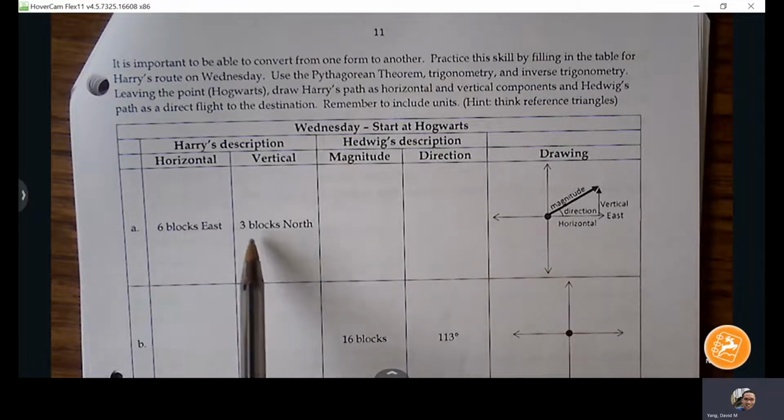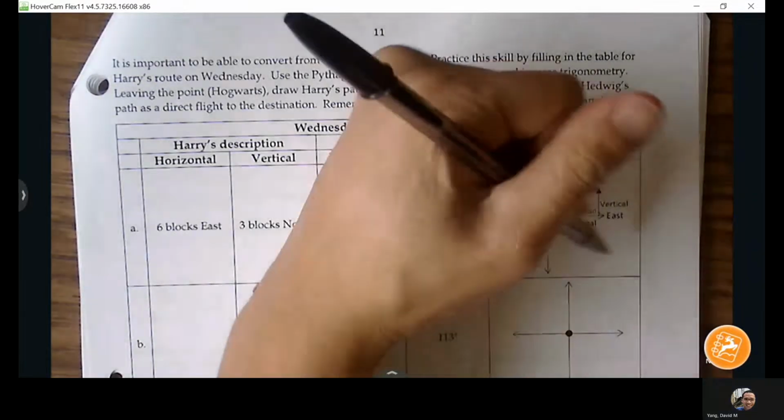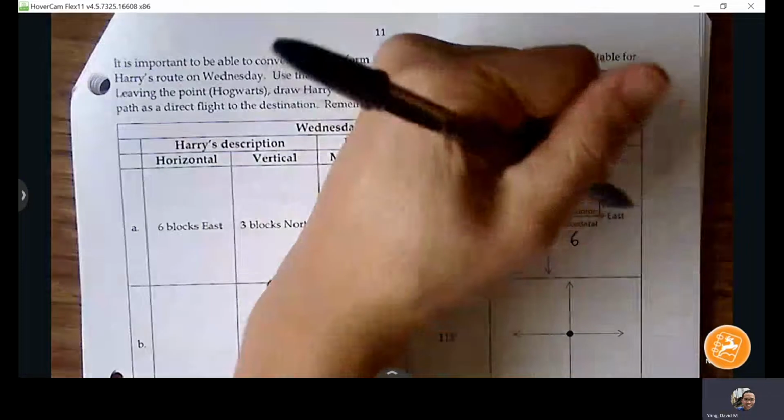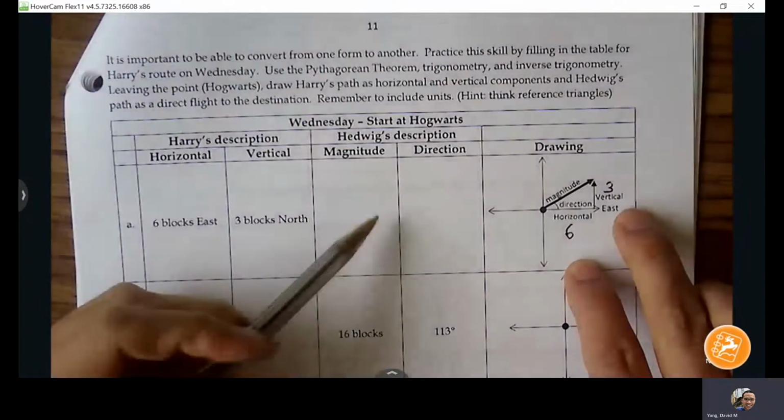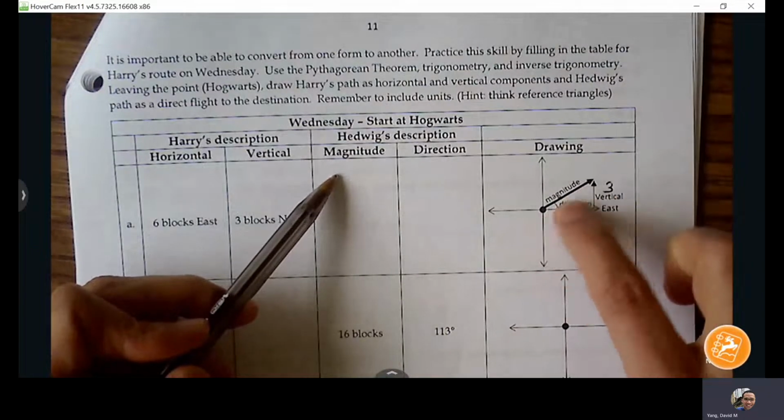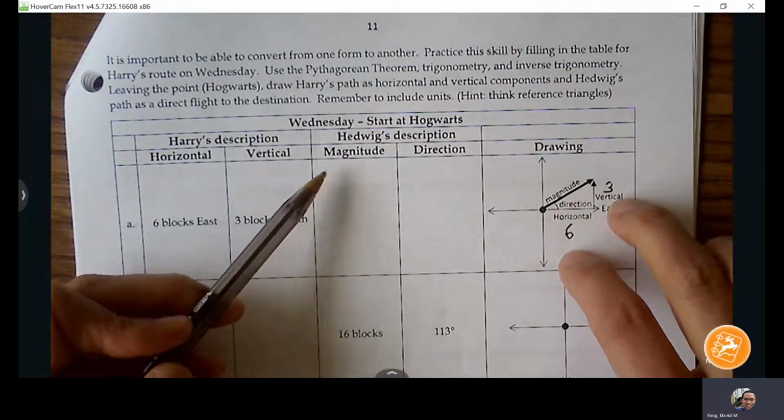So 6 east, 3 north. Basically, we're just doing Pythagorean theorem to find out the length of the hypotenuse, or magnitude.